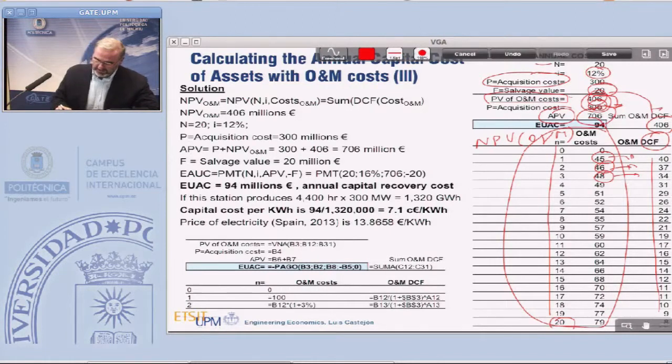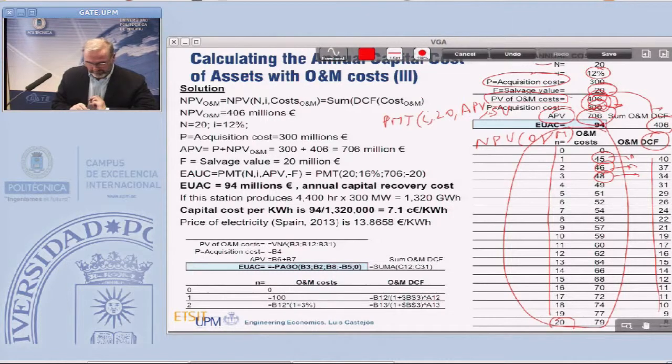And then we calculate the formula with the equivalent annual payment: the interest rate, the number of years, 20, the APV, and then the salvage value with negative sign.